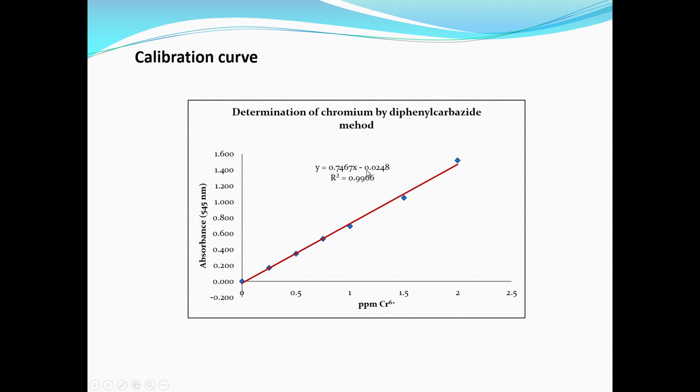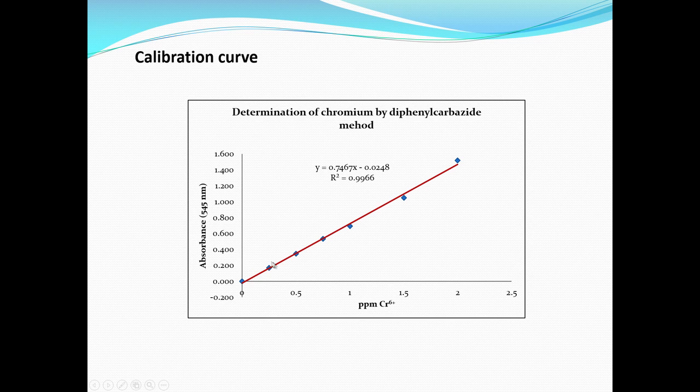Okay. So, this is the calibration curve. You can see that the linearity is up to 2 ppm. If my absorbance value is about 0.4 at 0.5 ppm, then 0.04 would be our drinking water level testing.